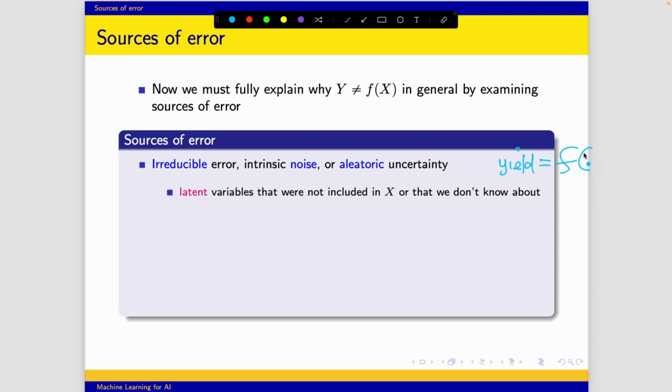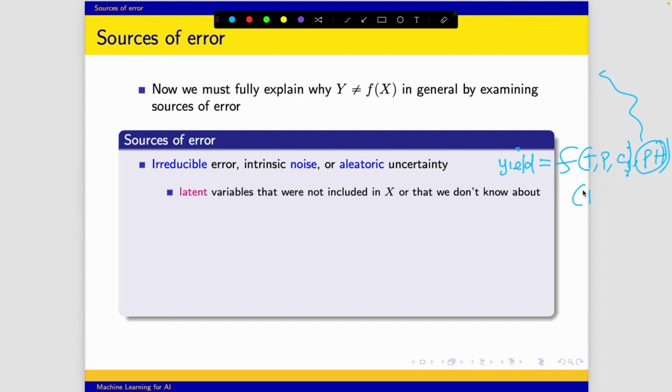But let's say the yield is a function of temperature, pressure, concentrations of the reactants, but also the pH. Now the problem is we didn't include pH. We only included these three. So we are missing one vital piece of information.